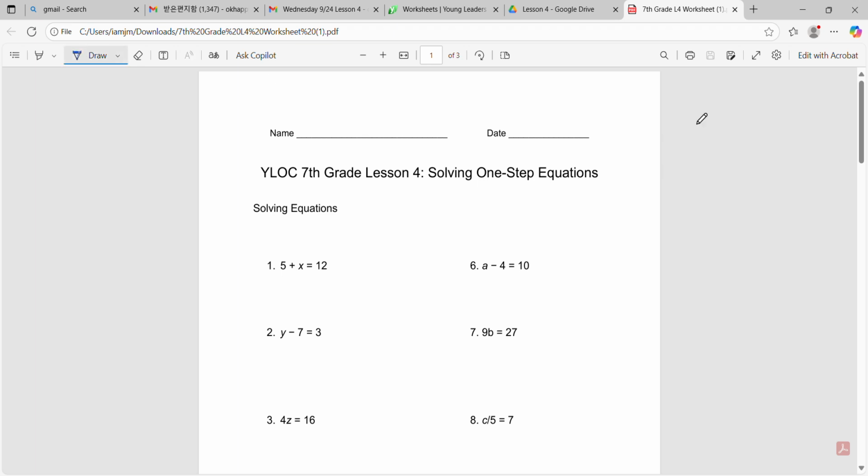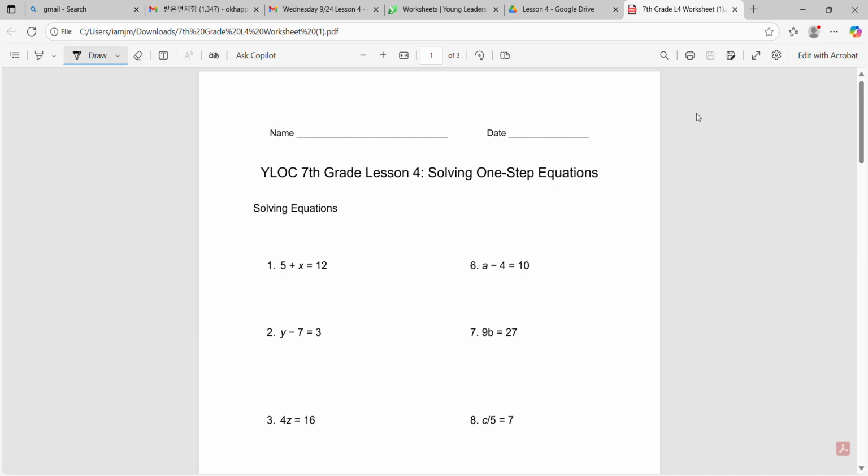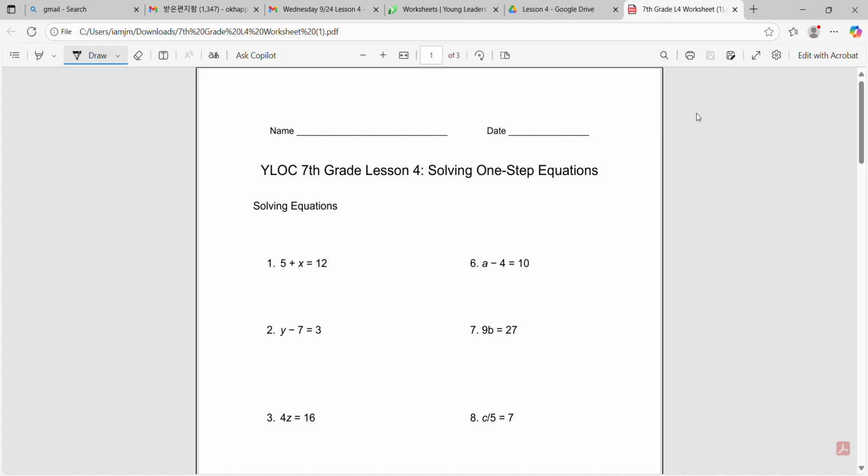Guys, today is our fourth week, our fourth lesson, which is going to be solving one-step equations. For this lesson, we're going to be learning expressions including unknown variables.